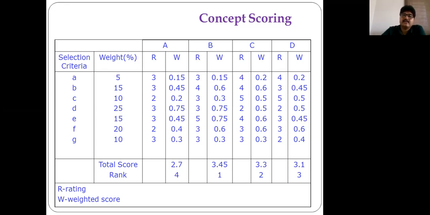Okay, with this, I'll stop about the concept scoring, concept screening, and concept selection process, and would like to summarize the approaches that we have used in the concept selection process.